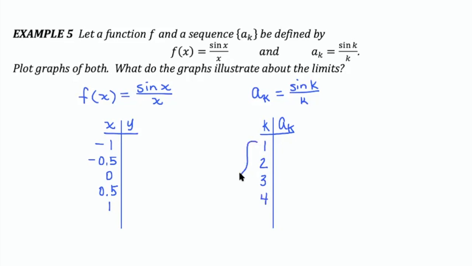And these values are the only values that are allowed, not the values in between. So in other words, the word we use for that is that the sequence has a discrete domain where it's just a list of individual numbers, whereas the function is going to have a continuous domain because it's going to take on all real values.